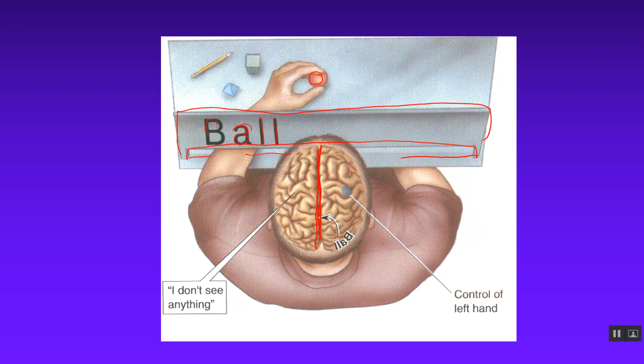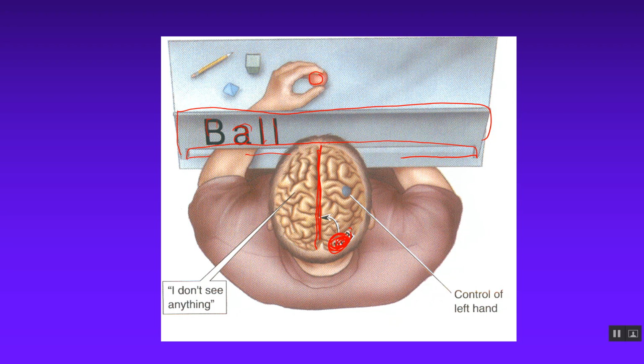And if you flash it so quickly that you don't have time to deviate your eyes to look at it, it goes to your left visual field, which goes to your right cortex, right? It's going to go through your brainstem and the lateral geniculate nucleus, and that information is going to go to the right side of your brain.